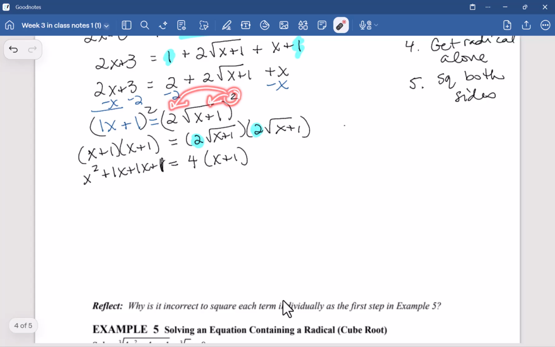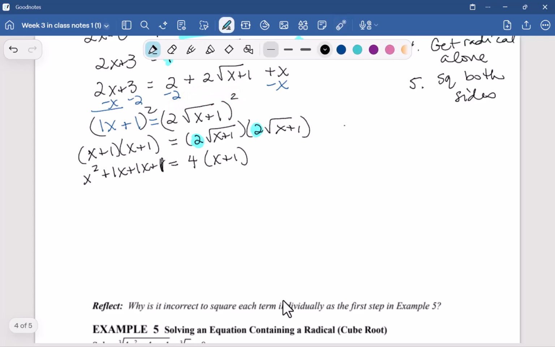The square root of x plus 1 squared is x plus 1. I just want to make sure that you see why you have to do it there and not on the first one. So that's going to be 4x plus 4 and x squared plus 2x plus 1 minus 4x minus 4. So x squared minus 2x minus 3.